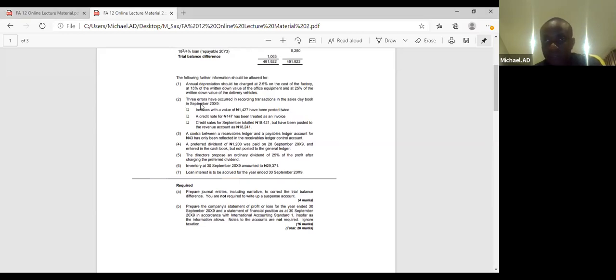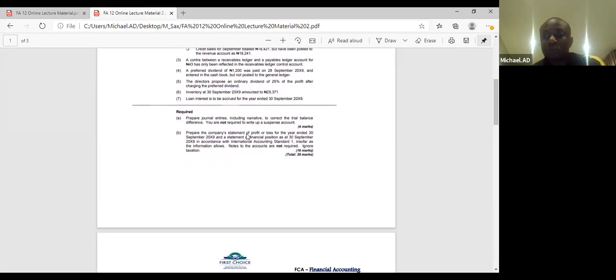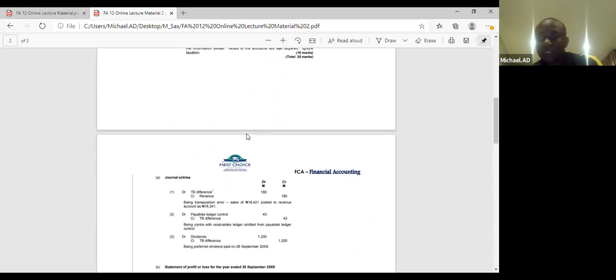The first one is the point 2, 3 errors that occurred in recording transactions in the sales day book in September 20X9. The first one was an invoice with a value of 1,427 that has been posted twice. Then what do we do?